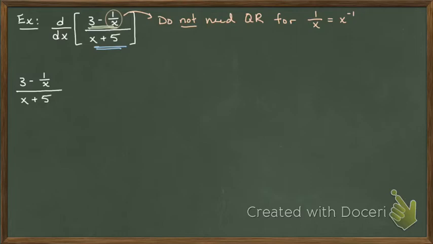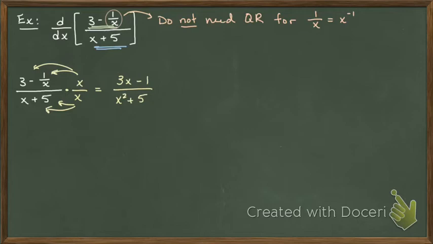So I'm actually going to try to clear fractions. I'm going to take this and multiply it by 1. And I'm going to do that in such a way so that all the fractions disappear. And that 1 is going to have the shape of x over x. So I'm multiplying through basically by what the common denominator would be in that numerator, if that makes any sense. And what that gives me is 3x minus 1 over x squared plus 5x.